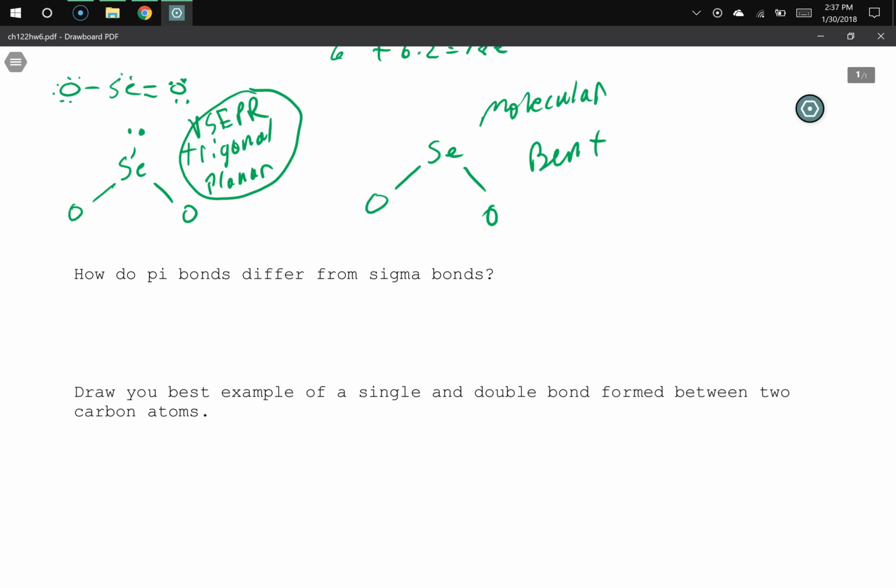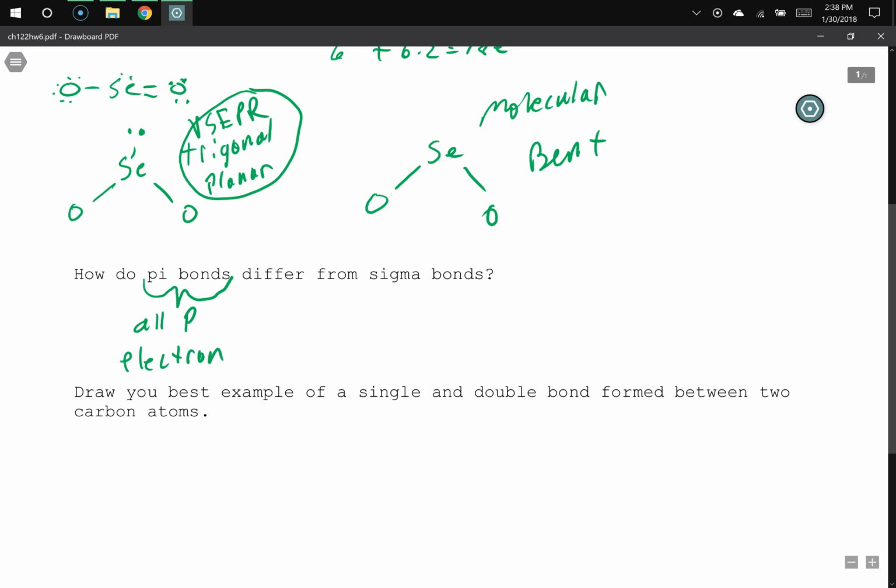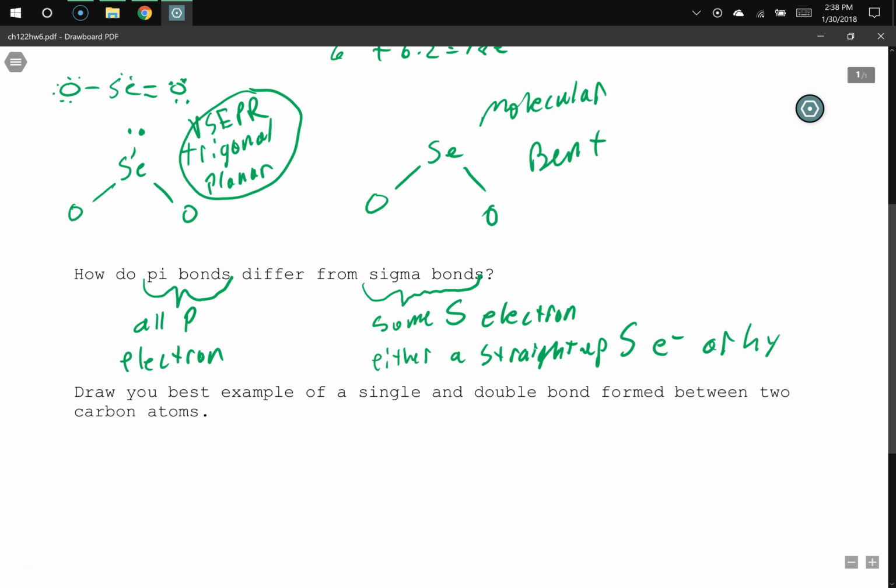So pi bond, sigma bond. The pi bond electron is just electrons from p orbitals.